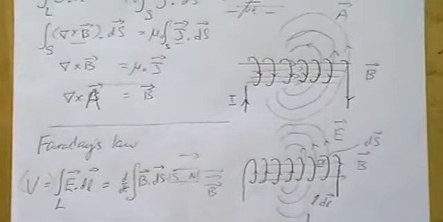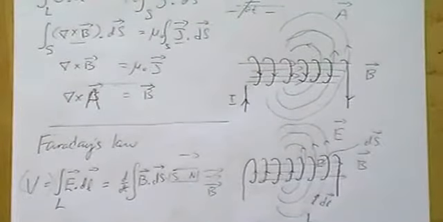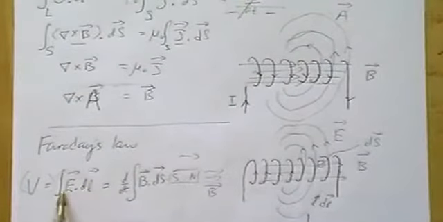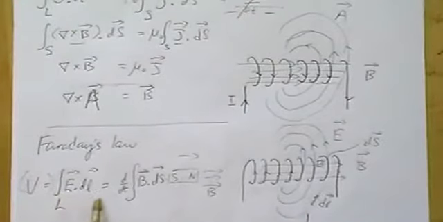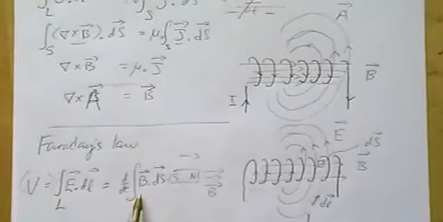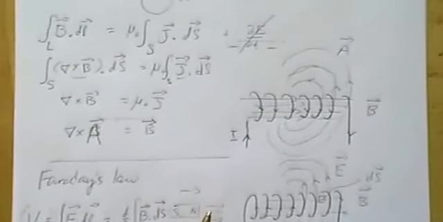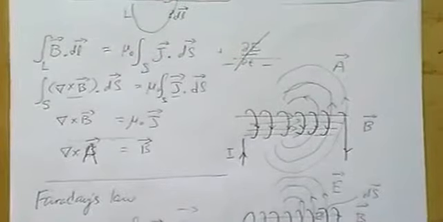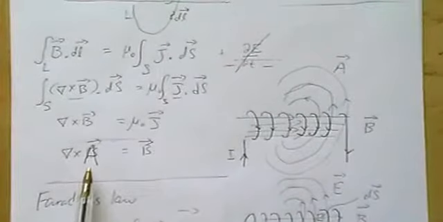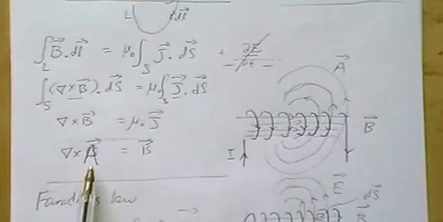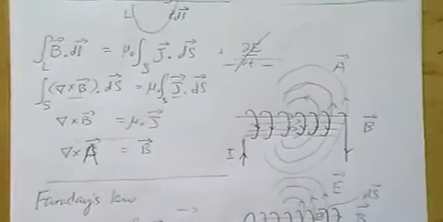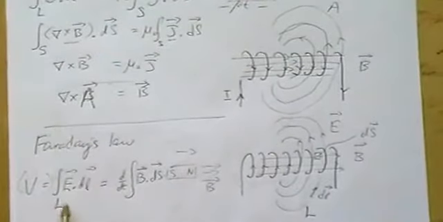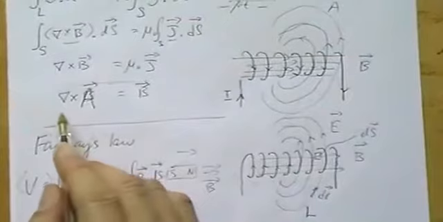We can find this connection by making use of these two equations, this one and, let's see, we don't have a corresponding one for A, so we need an integral form of this equation.